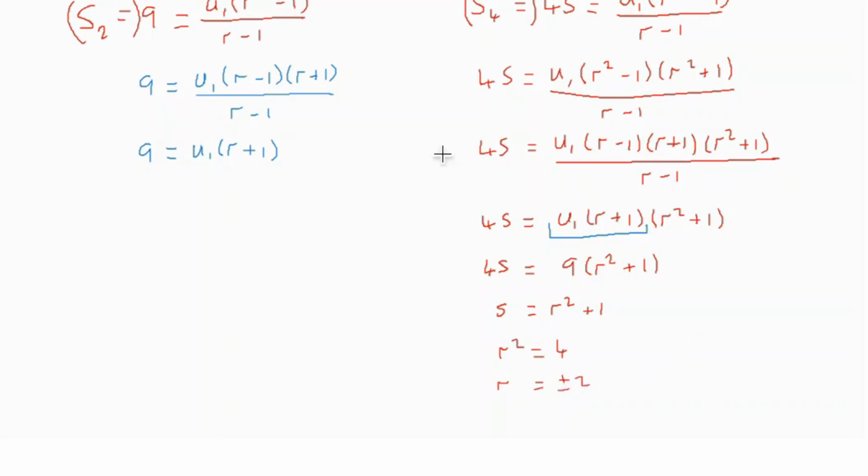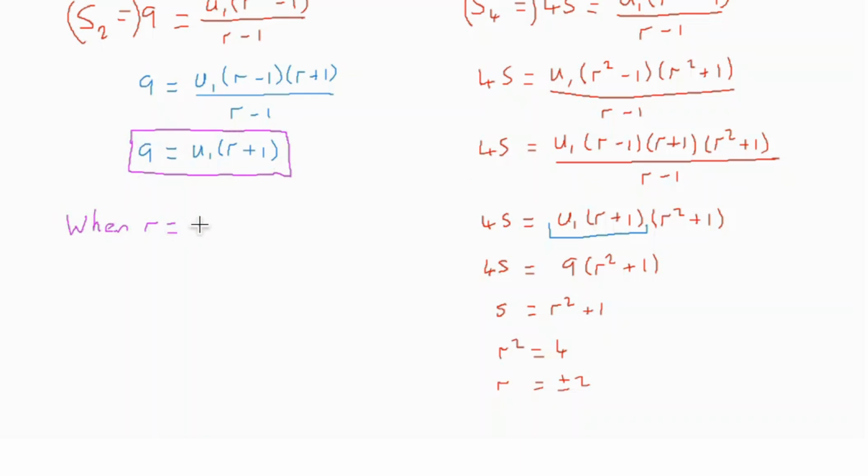Now that I know that R is equal to plus or minus 2, I can find the possible values of U1. The easiest way to do that is using this formula here, which connects U1 and R. So I can substitute in.